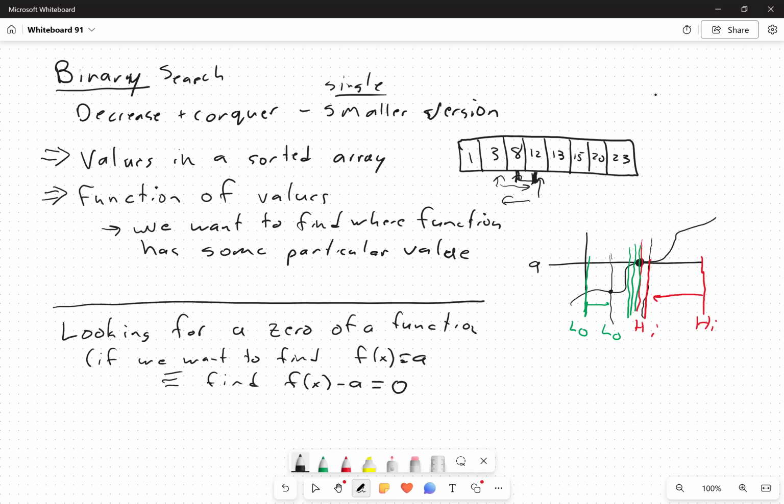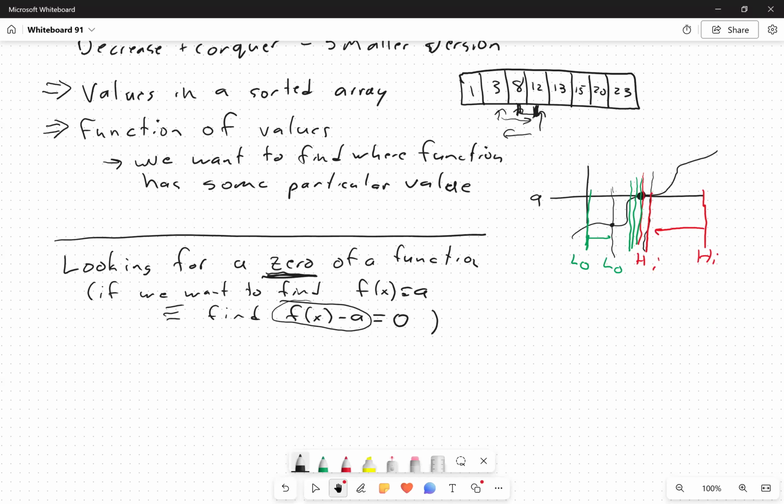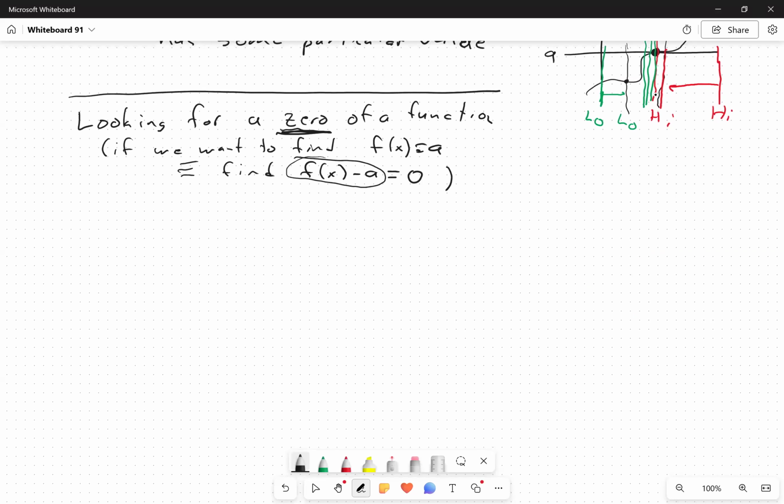Okay, so either way, this is finding a zero of a function. We're going to find where some function is 0. Either we actually look for the value 0, or if we want to find when it hits some value a, we can look at the function f of x minus a and look for the 0 of that function. So there are lots of variable ways you can describe this and actually implement it, but that's always going to be the process. So we're looking for some 0 of a function.